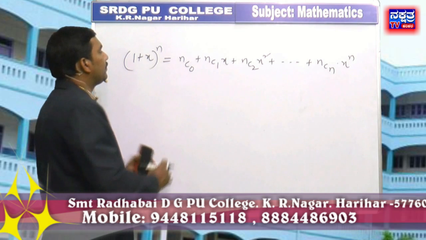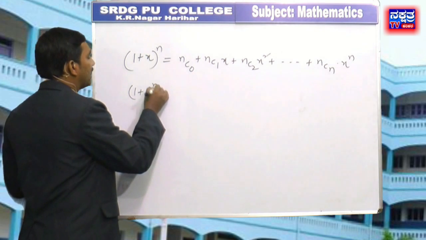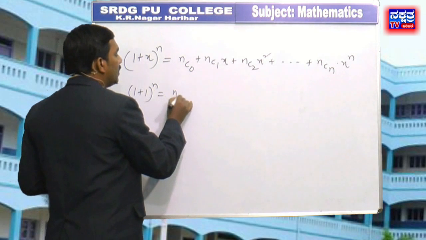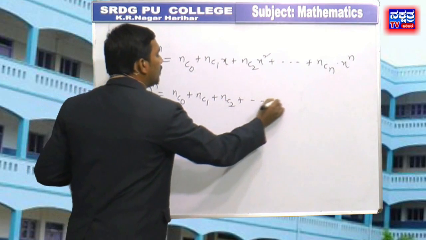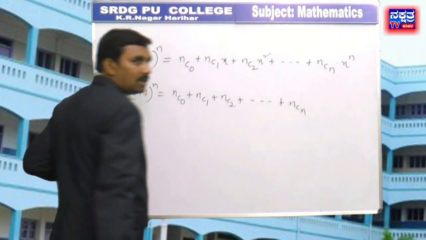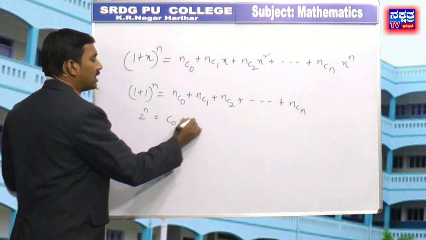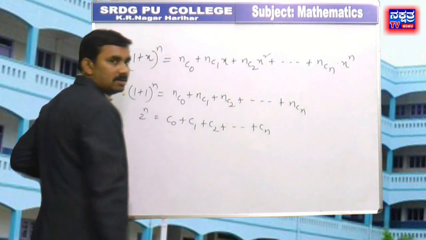Here, if you take 1 plus 1 whole power n, in place of x I am replacing 1. It will become nC0 plus nC1 plus nC2 plus so on up to nCn. So here 2 power n equals, in a simple manner, C0 plus C1 plus C2 plus so on plus Cn.